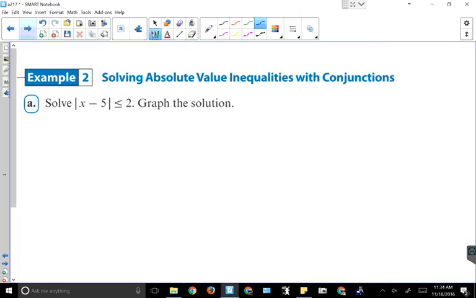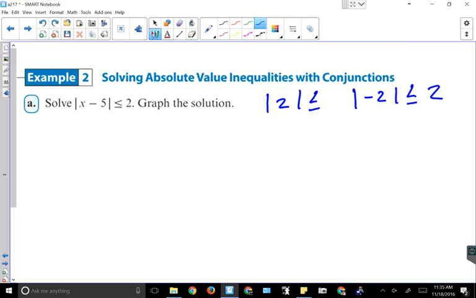Now, again, we are going to do exactly the same thing. This is 2 out here. So either the absolute value of x minus 5 is less than or equal to 2, or the absolute value of negative 2 is less than or equal to 2. Those are the two possibilities that we can get out of this.